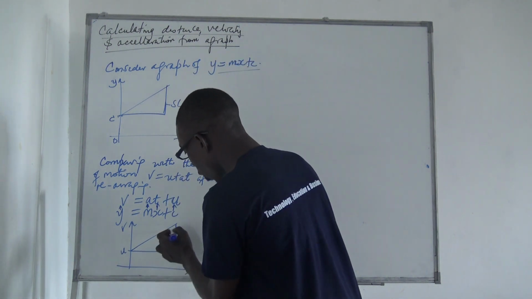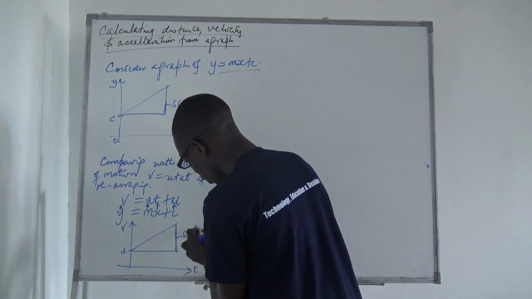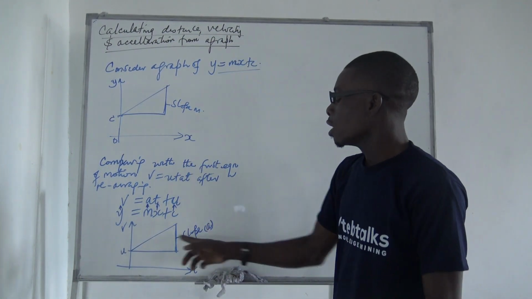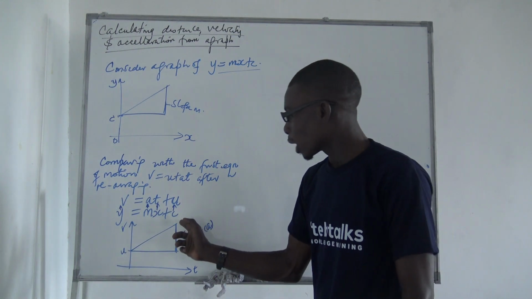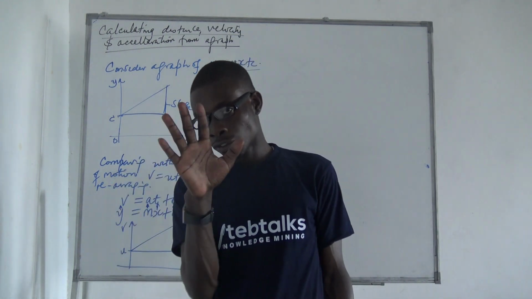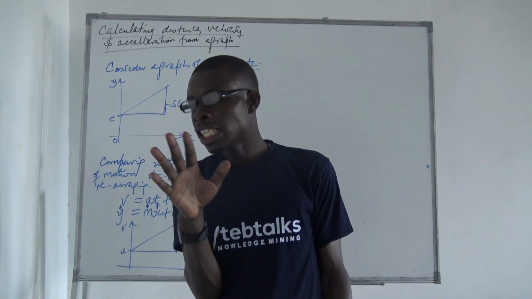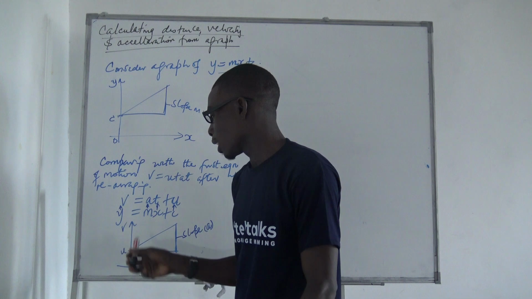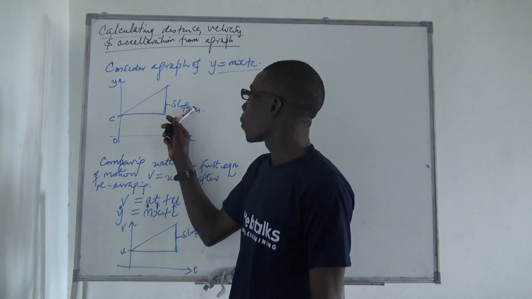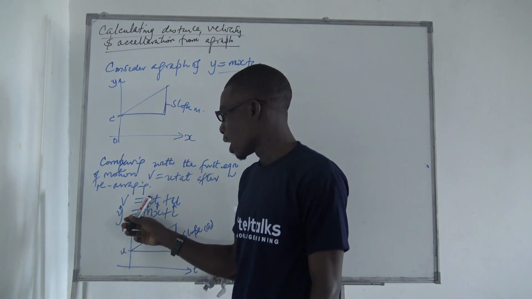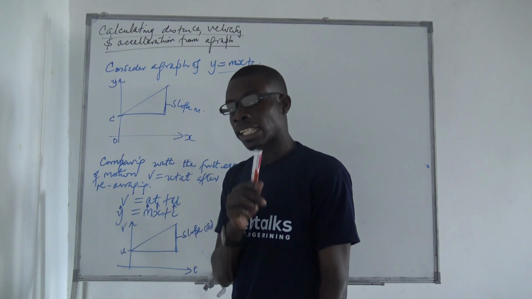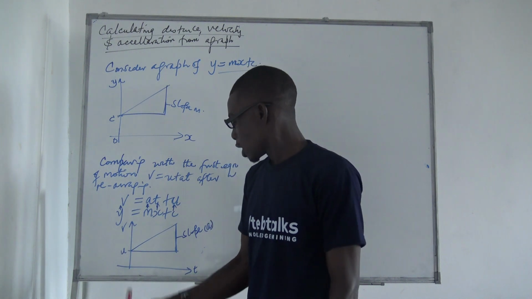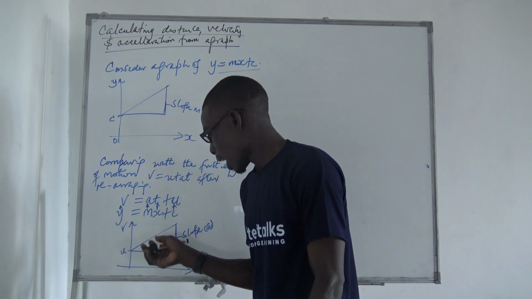So if we have a velocity time graph drawn in this format, the moment you calculate the slope of the velocity time graph, it gives you acceleration. The slope of a velocity time graph gives us acceleration. That is from our comparison, because in this one the slope was m, but for us the slope is a, and a is acceleration.